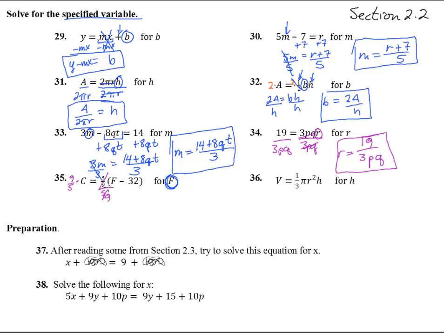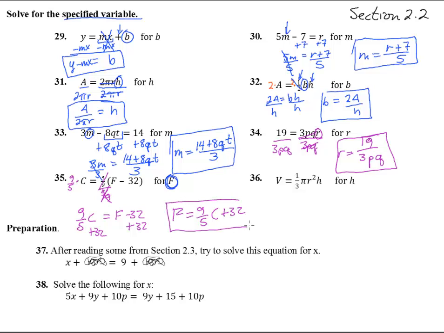Let's get rid of that guy first. So we get 9/5 c equals f minus 32. Yeah, because the parentheses now are not necessary. So now to get f by itself, we add 32, and look at this. We get f equals 9/5 c plus 32.